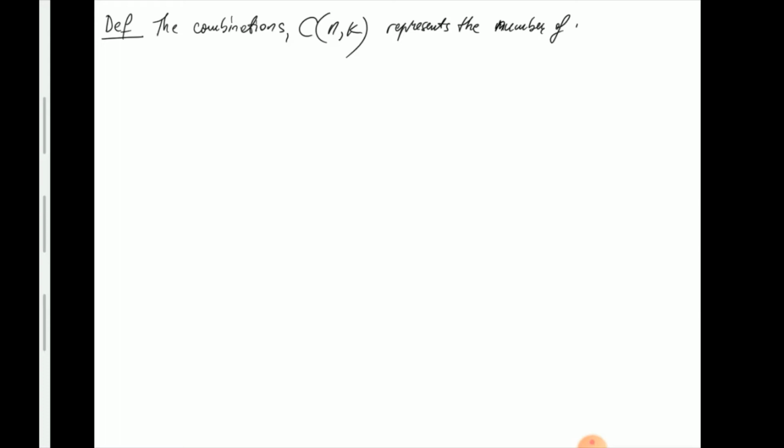All right, so let's write the definition here. The combinations, denoted by C(n, k), represents the number of ways we can select k objects from n distinct ones.